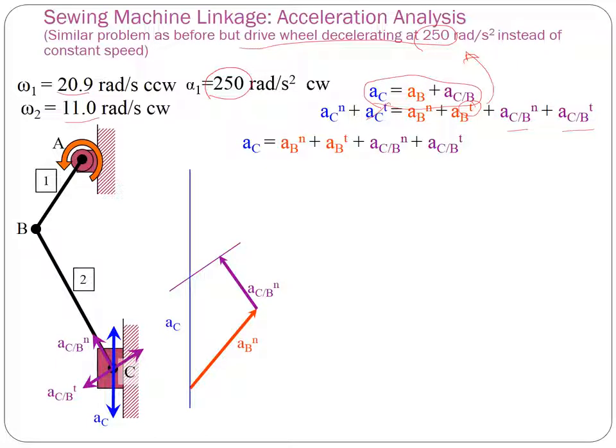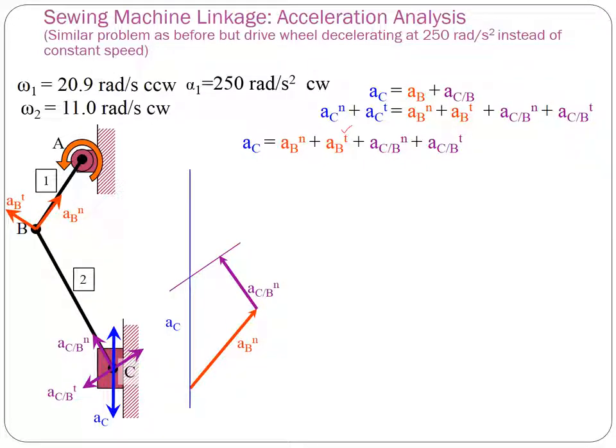Now, from there, of course, AC is only a single component, either up or down. Basically, it's just one single part. So we maintain the new component here. Previously it was deleted because it's a constant angular velocity.